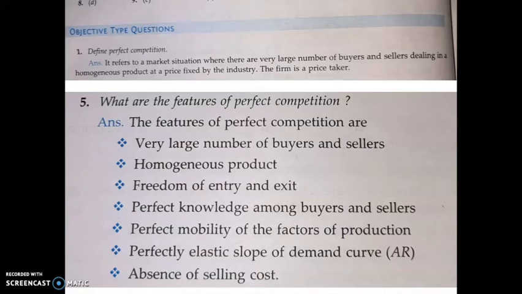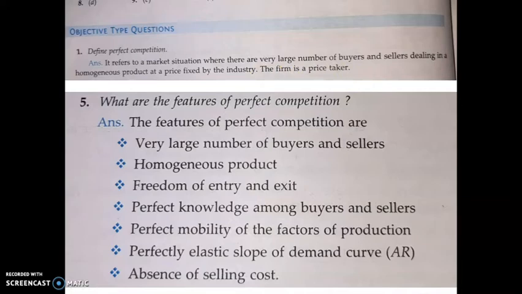Define perfect competition. So what is perfect competition? Perfect competition refers to a market situation where there are a very large number of buyers and sellers dealing in a homogeneous product at a price fixed by the industry. Here the firm, or seller, is a price taker.